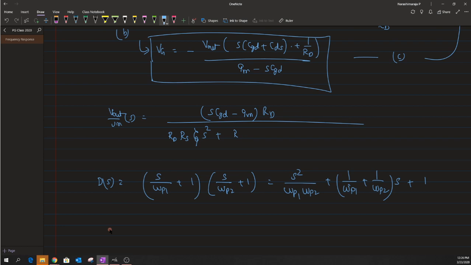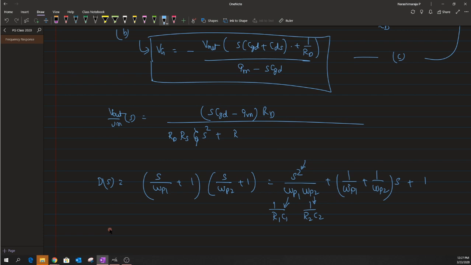So clearly you could see that whenever we have an s squared term, the s squared term should have two poles in it. Okay, so as like omega p1 and omega p2, and each of these terms will have a simple quantity like 1 by rc. So let me write it as 1 by r1c1, and so omega p2 will have something like 1 by r2c2.